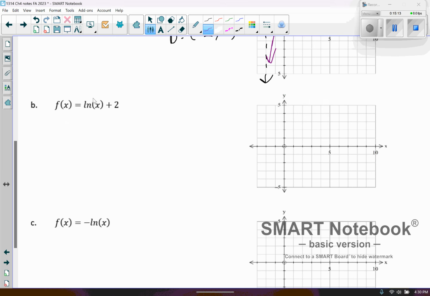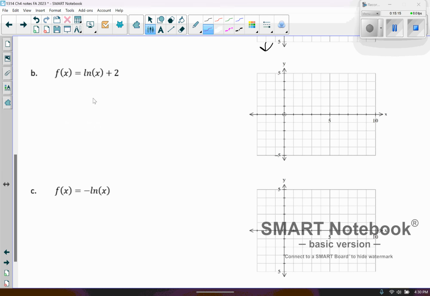Okay, let's see. I've got two left. So if we look at B, once again, I'm going to put those points right here. So we have one at (1, 0), and then the other one was at (3, 1.1), about right there. So if you look at this, my domain is just greater than 0, so my vertical asymptote's just going to be right there at, I'm sorry, x equals 0. And then my transformation this time is going to be going up 2.